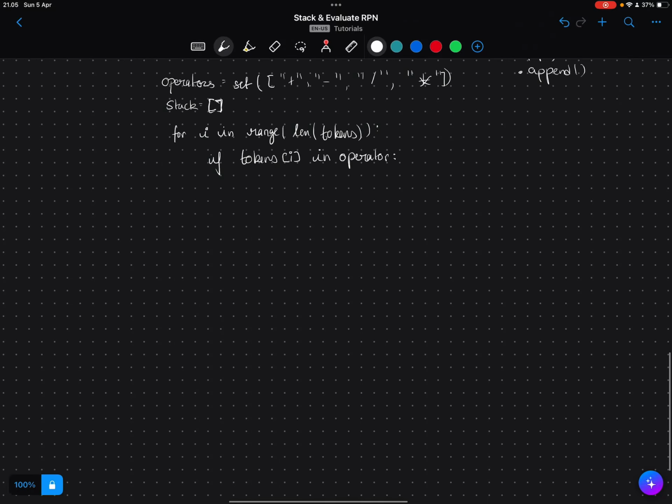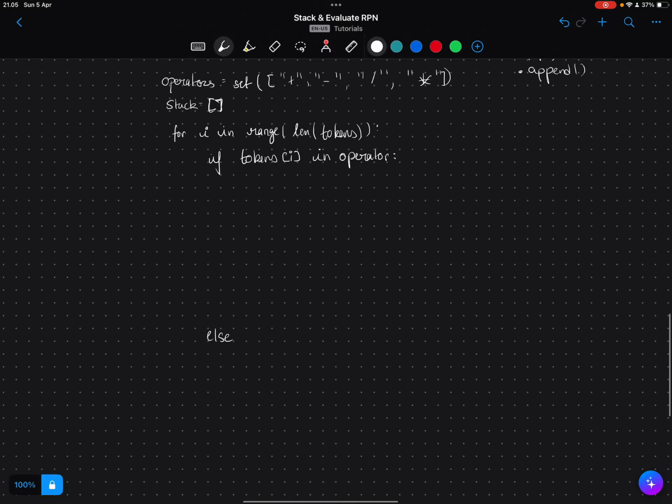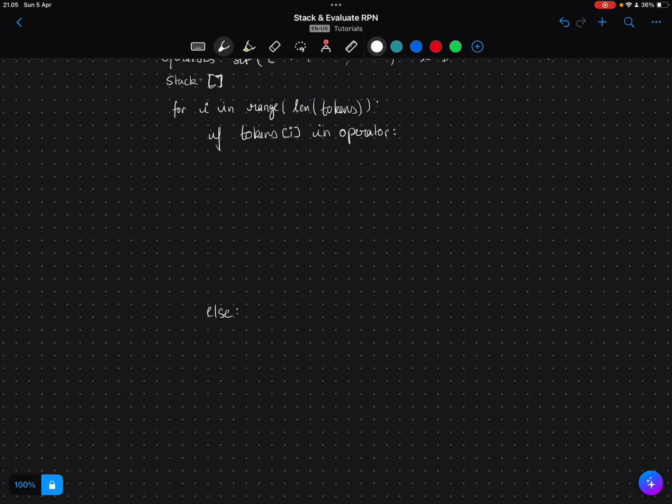So that means it is an operator, right? In that case, I'll hold on to this for now. If not, I'll write down the condition because it can get a bit wordy. But yeah, I'll write down the else. That means if it is not an operator, then it is by default an operand because there's nothing else in the input array. And then we would have else.